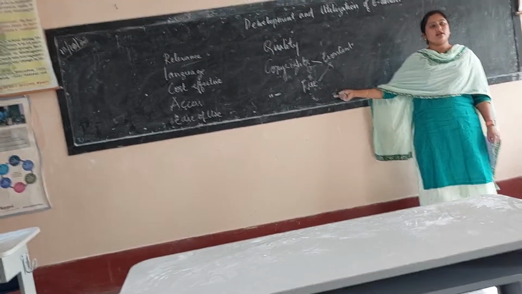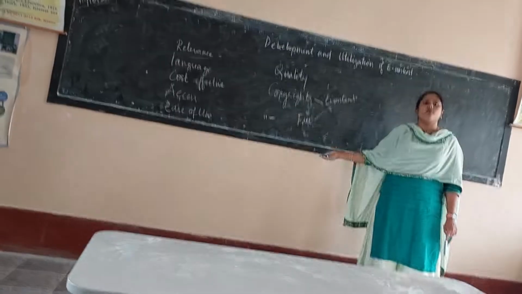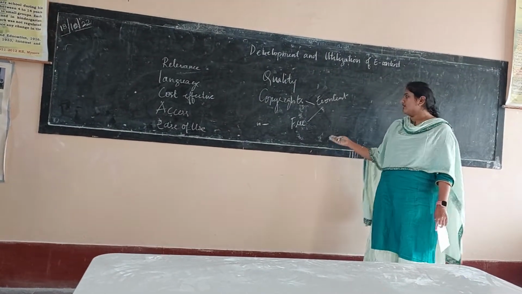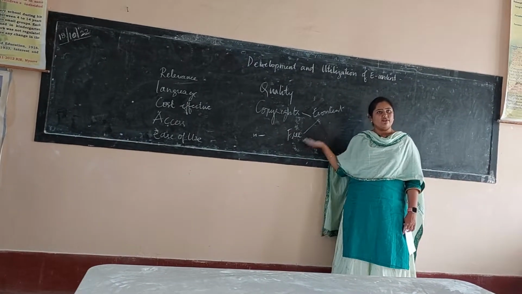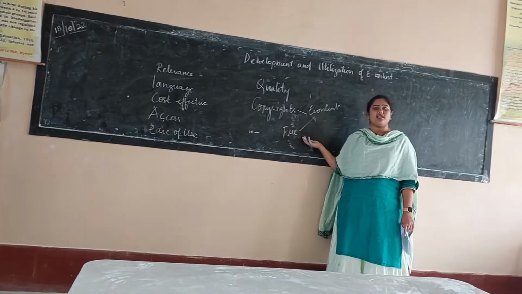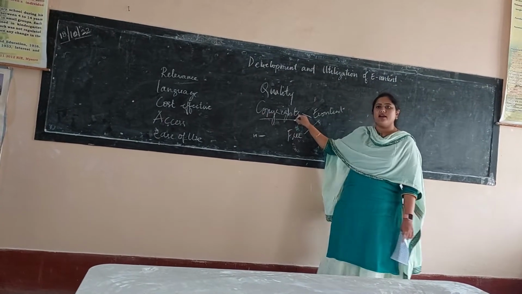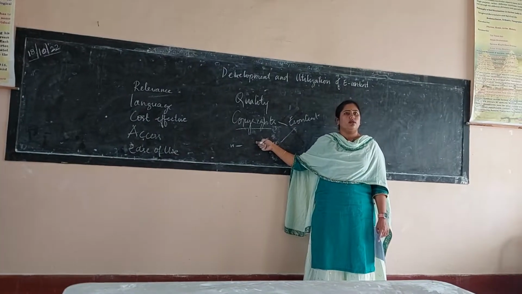So free means you are free to download it, use it, modify it and redistribute it also. So all these rights you will have in a free software or a free content or any free intellectual property basically. But if it has a copyright, you are allowed to do only what the owner has allowed you to do. Okay?